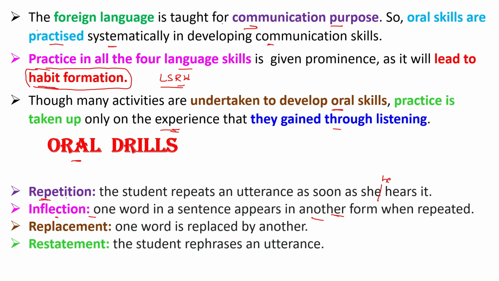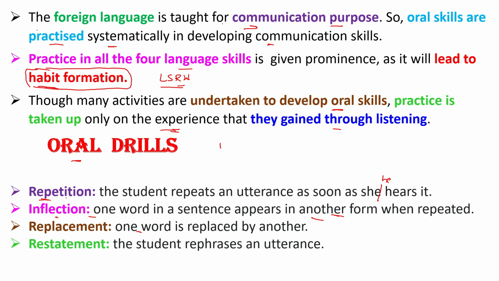Replacement: one word is replaced by another. So here replacement means, suppose a teacher is using pronouns. Teacher says, "Did you come?" Then the student says, "Did he come?" Instead of "you," the student is using "he."